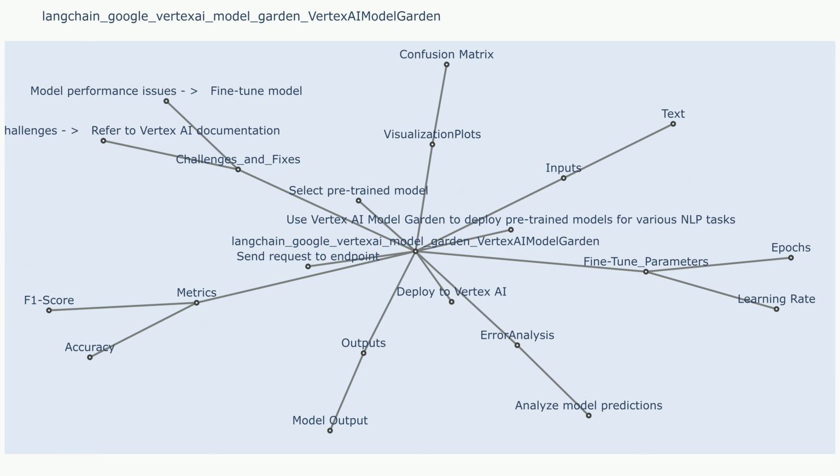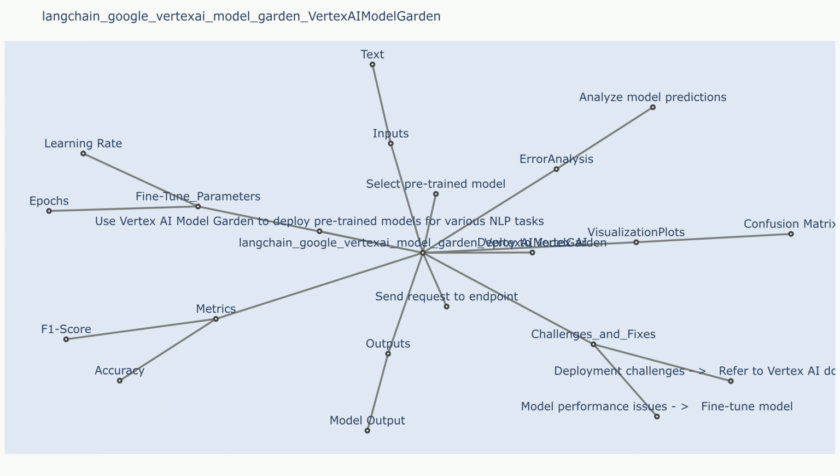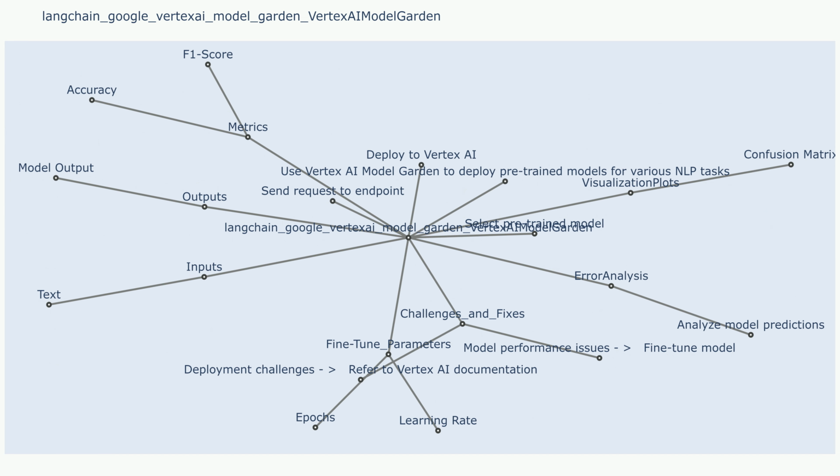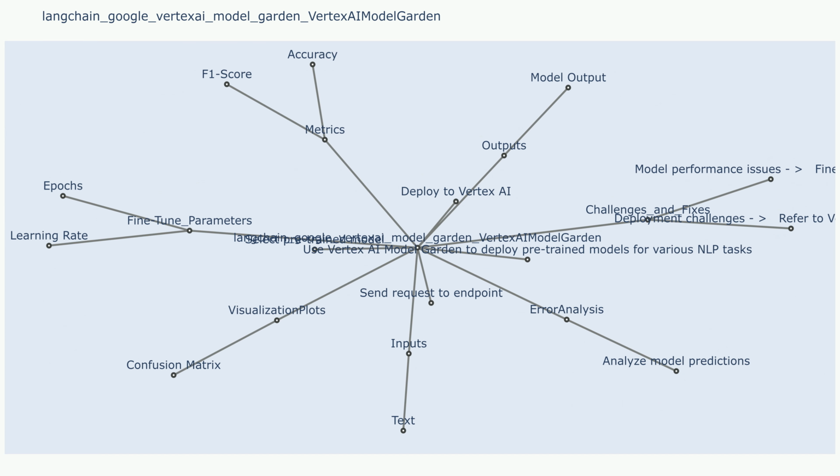Metrics. Metric 1: model performance metrics, e.g., accuracy, precision, recall, F1 score are retrieved from Vertex AI and reported for evaluation. Metric 2: inference time is tracked to assess the efficiency of model execution within a Langchain workflow. Visualization plots.